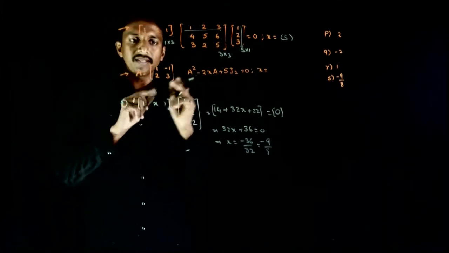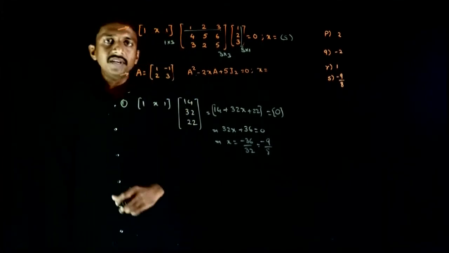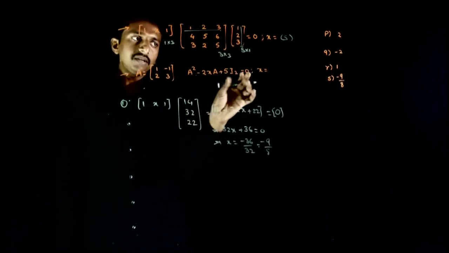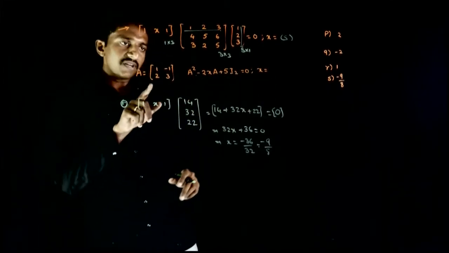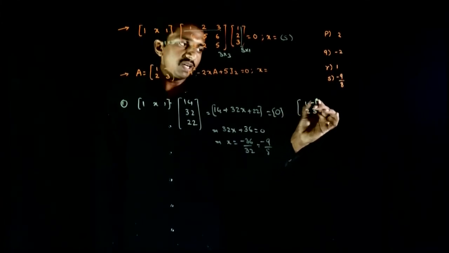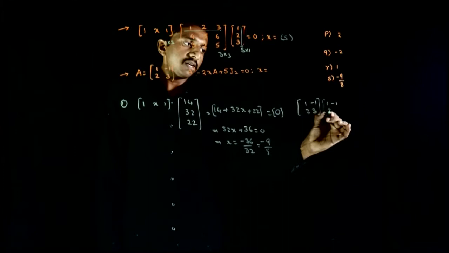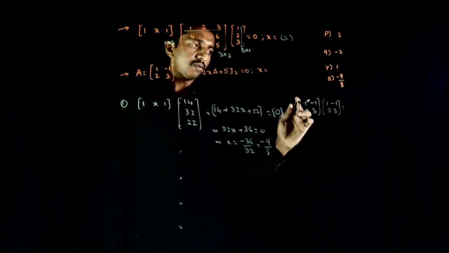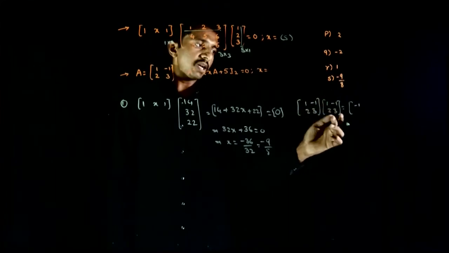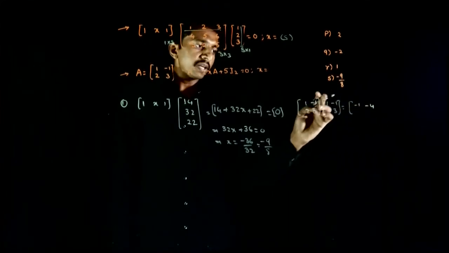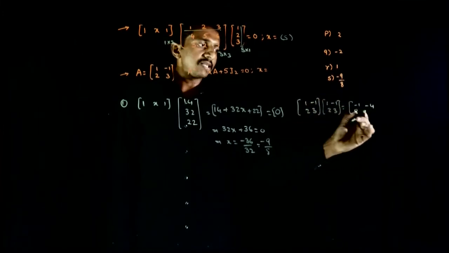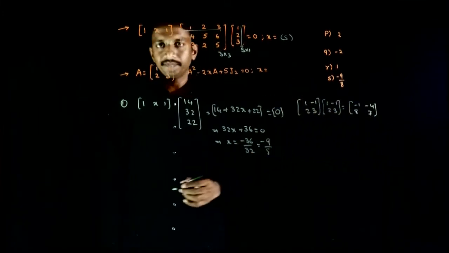So next let us look at this question. In this question A is given to you and you have a matrix equation, so you have to find x. So first let us find A square. [1 -1; 2 3] into [1 -1; 2 3]. That is equal to 1 minus 2, minus 1 minus 3, 2 plus 6, minus 2 plus 9 is 7.